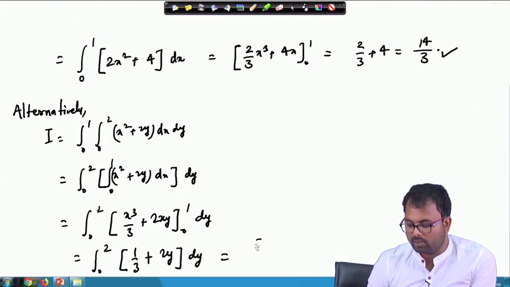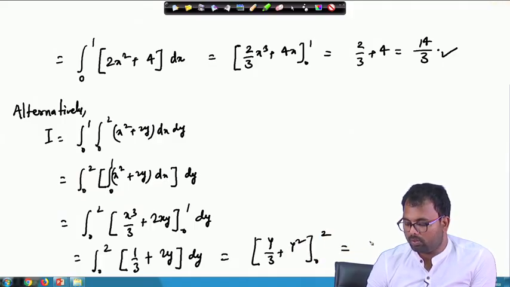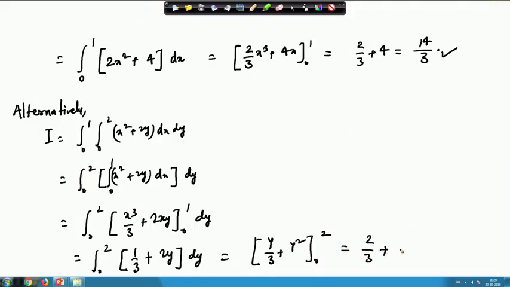If I integrate this, it will be y by 3 plus y square from 0 to 2. So, this will be 2 by 3 plus 4, that means 14 by 3.